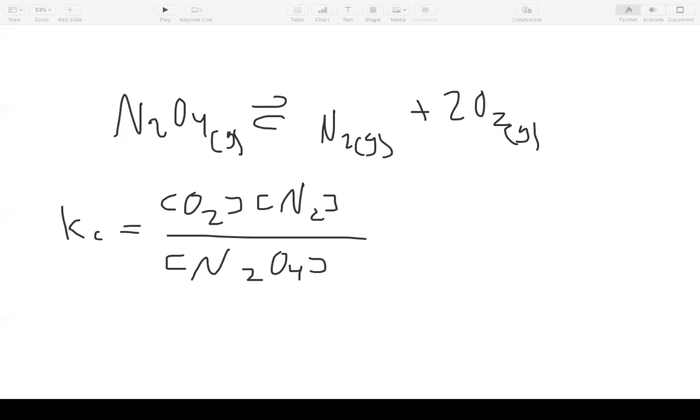No, you have to square the oxygen. That would also be representative of our KP. So yes, we square the oxygen because of this number right here. Good job. So we have to deal in ATMs.